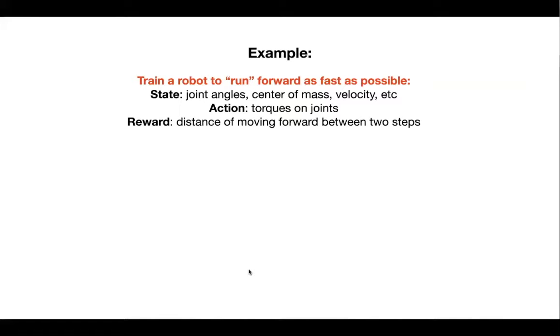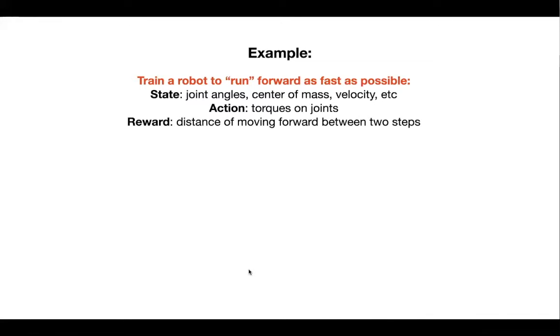Since we want the robot to run forward as fast as possible, I'm going to design a reward function that is proportional to the distance moved forward between two steps. I take an action, I observe the next position of the robot, and I give it a huge reward if the robot moves forward, and a small reward if it only moves a little bit forward. That sounds reasonable.